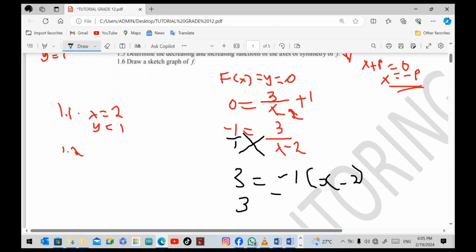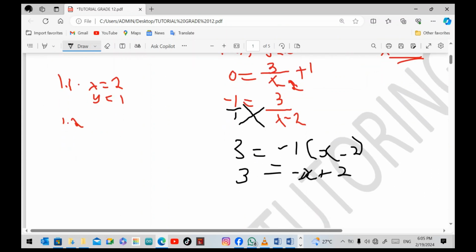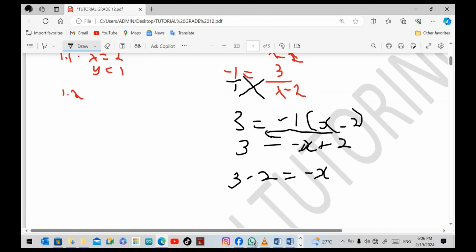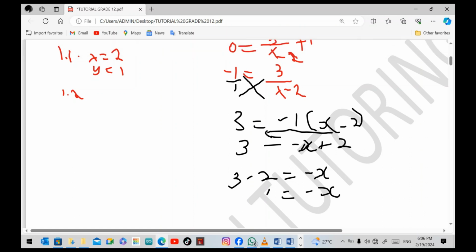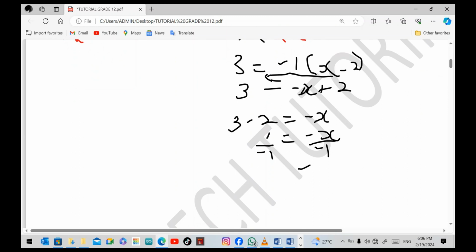Then 3 is equal to negative x. Negative 1 multiplied by negative 2 is positive, then 3 minus 2 is equal to negative x, right? So these two went this side, then we took 2 this side, so it has to change the sign. Then 3 minus 2 is 1, then negative x. We are not looking for negative x, we are looking for x, so we have to divide by negative 1. So that will be x is equal to negative 1. So that is our x, and that is our x-intercept.